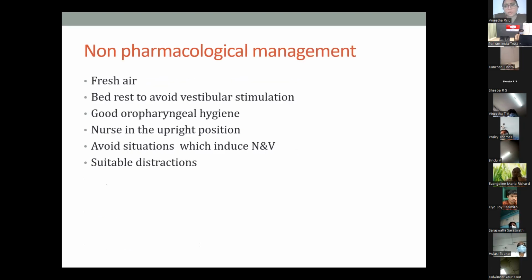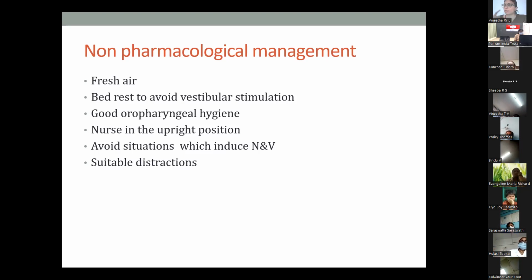Non-pharmacological management. So what do you do when a patient is having severe nausea and vomiting? Other than drugs, you give him a lot of fresh air, open all the windows and doors, and make sure there's a lot of ventilation. And if your patient is having vestibular stimulation, give the patient a good bed rest.